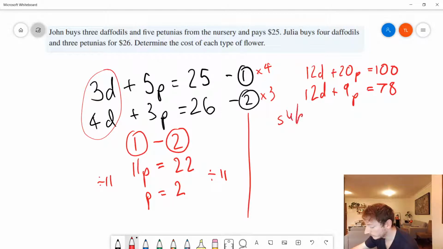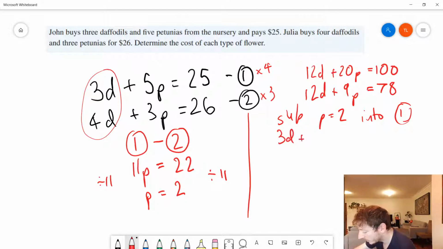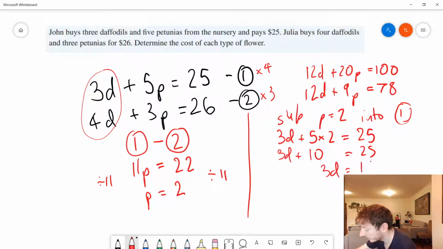Sub p equals 2 into, let's do number 1. Numbers slightly nicer, not heaps though. 3d plus 5 times 2 equals 25. 3d plus 10 equals 25. 3d equals 15. d equals 5.